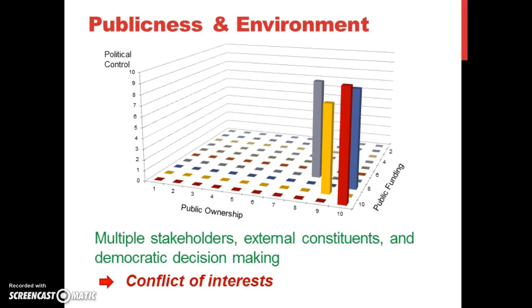And many scholars identify this effect of publicness as the worst one among many. So to manage public organizations, we cannot avoid issues of conflict called politics. In the following slides, we'll learn what a political game is like and how to manage that as a public manager.